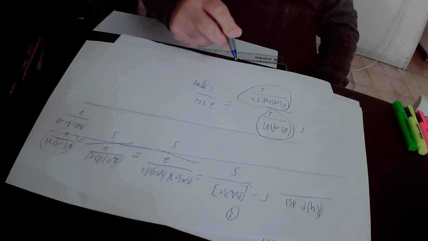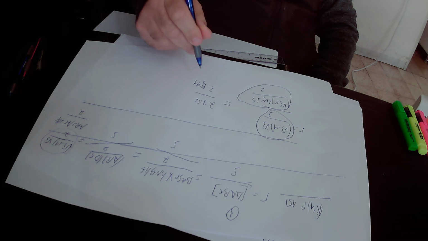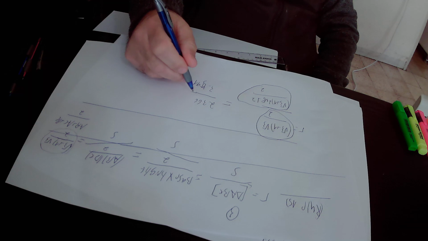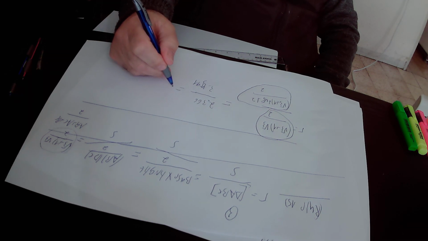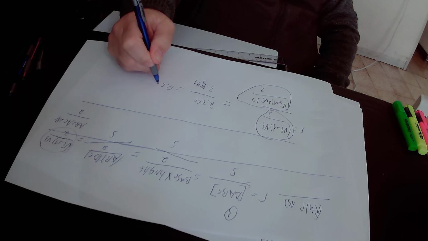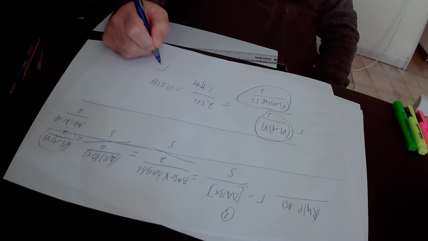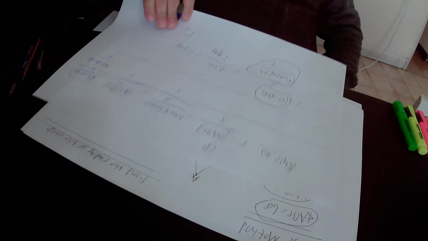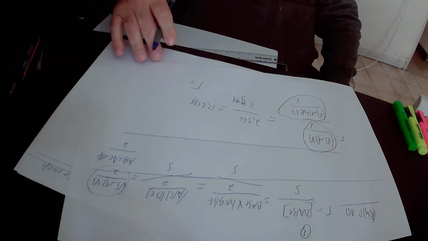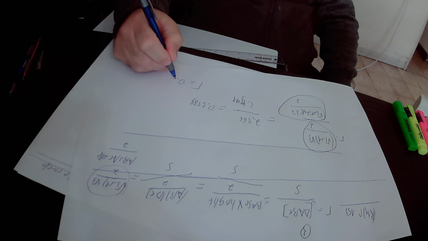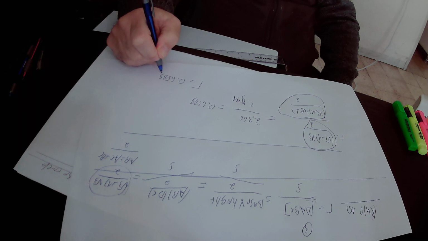Okay, again, the semi-perimeter of triangle ABC equals 3.591 units, and 2.366 over 3.591 equals 0.6589. So in conclusion, we found that the radius R of this circle equals 0.6589 units.